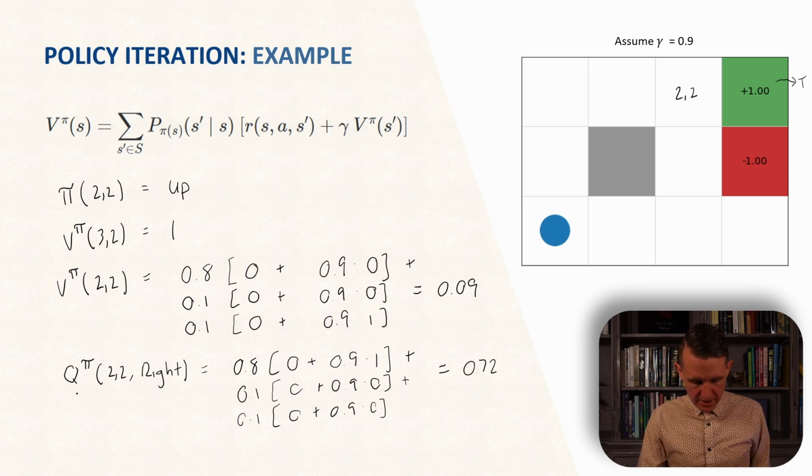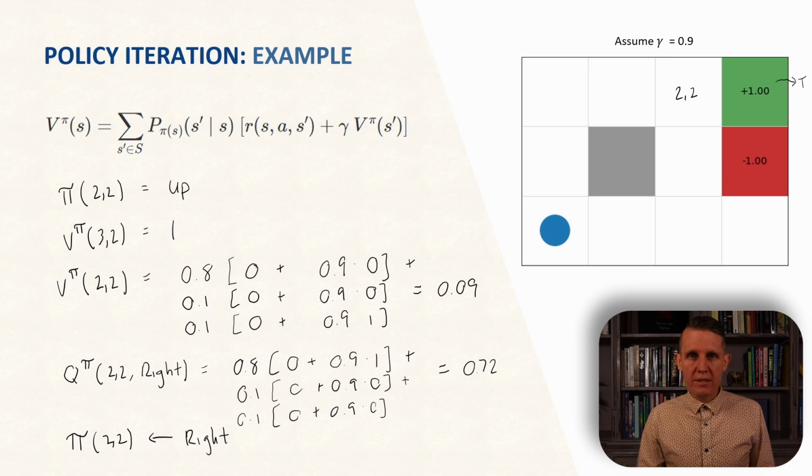So now what we can see is that the value of going right from state 2.2 is 0.72, which is strictly better than the value of going up from state 2.2, which is 0.09. So our final step would be to update the policy from state 2.2 to go right.